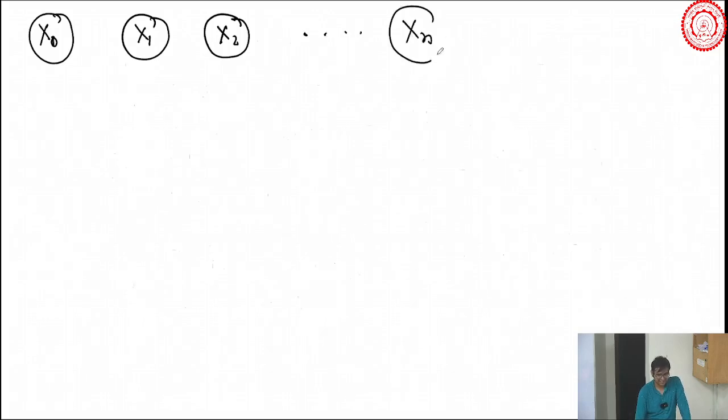But when I'm writing X, I'm using a circle, not a square box. Why is it so? Because these are variables, those are states. States are represented using boxes. Variables are represented using nodes, which are circles. These are standard notations. So that was done intentionally.